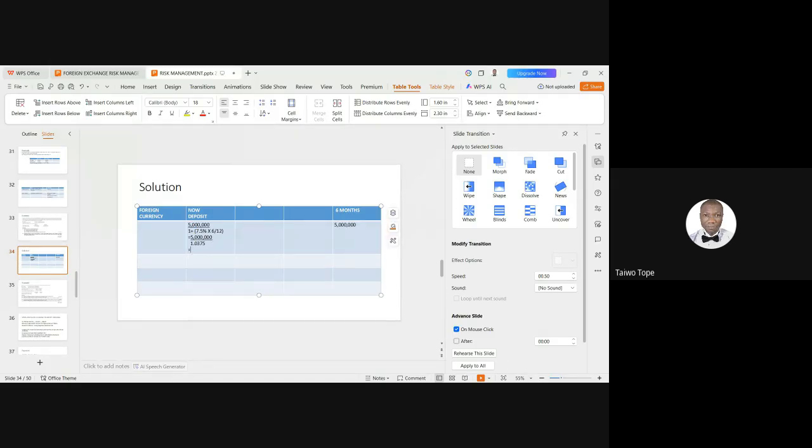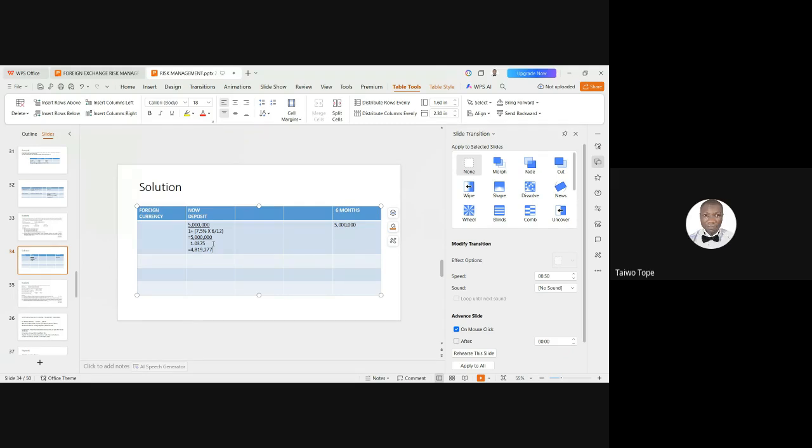Then when you now divide, it will be 4,819,277.